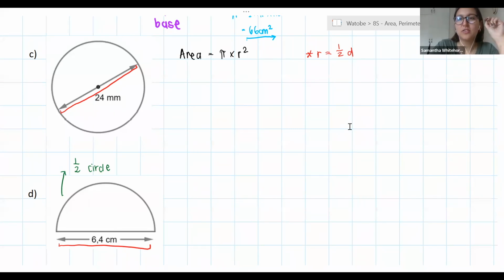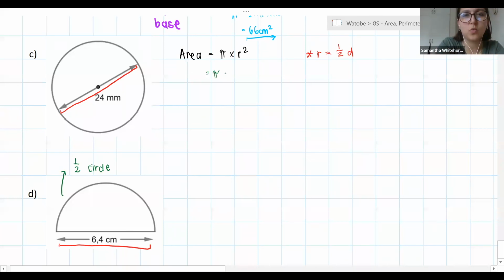Okay. Nkululeko, would you like to try C? Yes, ma'am. Okay. Afternoon, ma'am. Hi. So what I did was I said pi times r squared, which is pi times 12 squared.